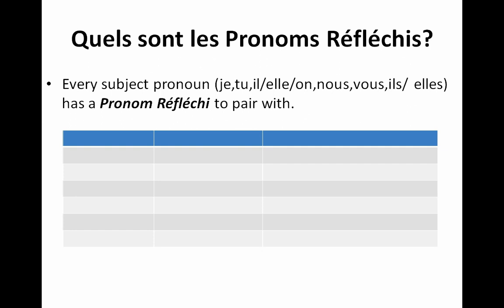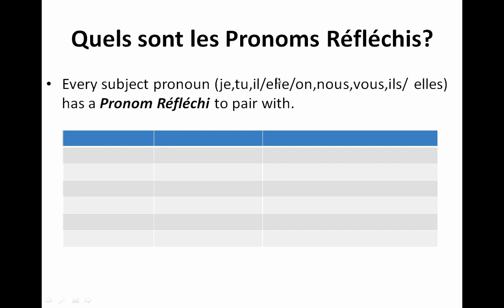Now we have to see all the pronoms réfléchis. Like I said, I made a little grille, a little table, and that gives you all the pronoms réfléchis that match every subject pronoun. The subject pronouns, I put them in parentheses right here: je, tu, il, elle, on, nous, vous, ils, elles.